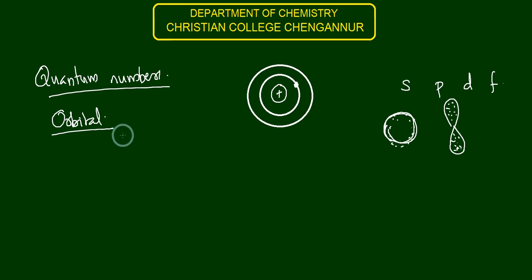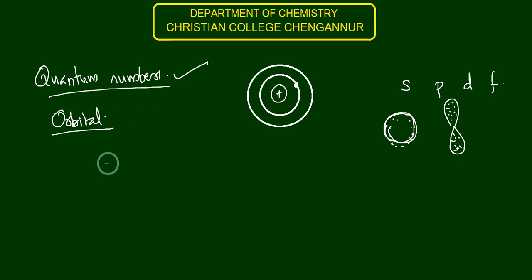These orbitals are designated by a set of numbers. Each orbital, like s, p, d or f orbital, in an atom is designated by a set of numbers, and these numbers are called quantum numbers. So quantum numbers are actually the address of an orbital. We will come to the detail of that. The electrons are occupying the orbitals, therefore quantum numbers may be called the address of the electron itself.